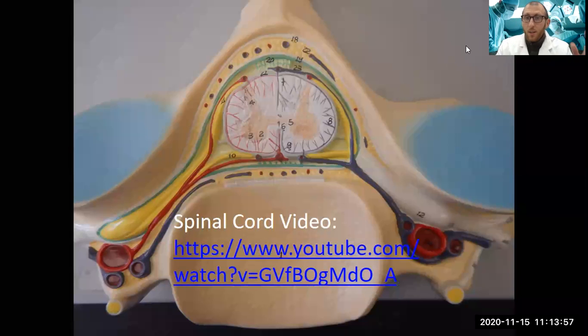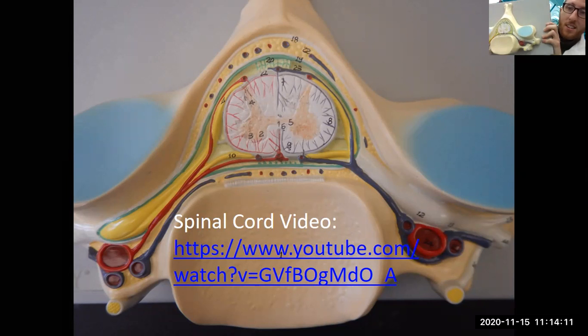But let's take a closer look at how these spinal nerves get into and out of the spinal cord itself. So, another video of another model. Got the model right here, a classic spinal cord and vertebral column model. Now, when you're looking at this, I want you to think about, how do I know what's anterior versus posterior?